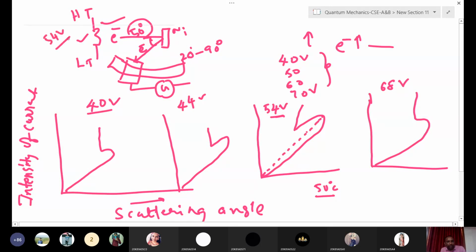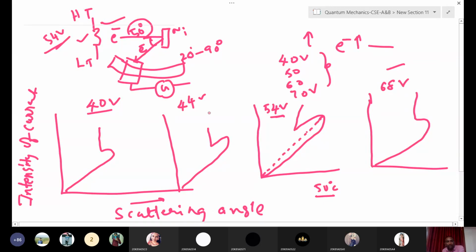At this particular 54 volts, we got the maximum bump size. Beyond that, if you increase the voltage further, the bump size decreases.